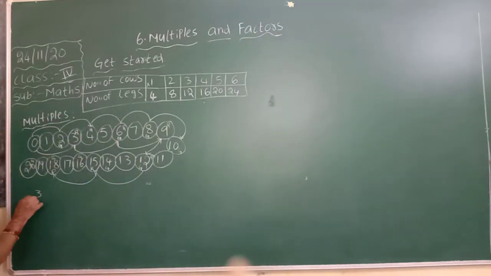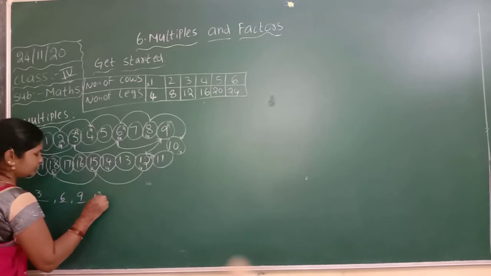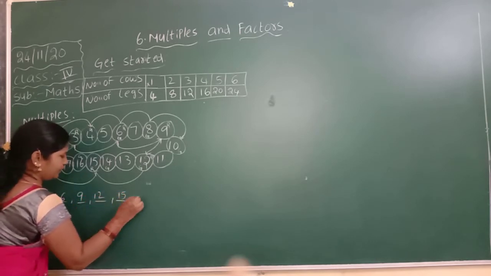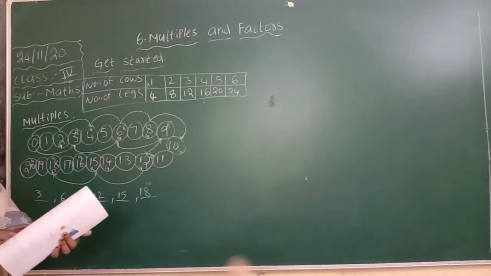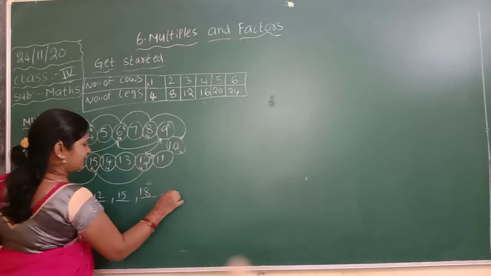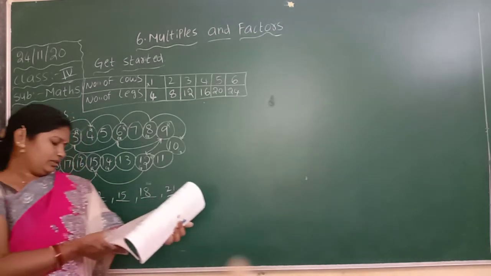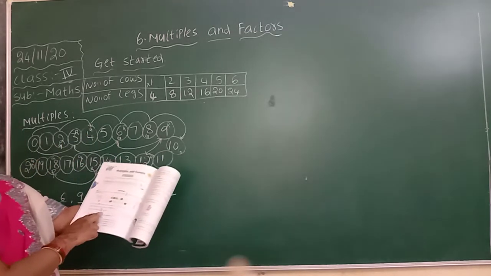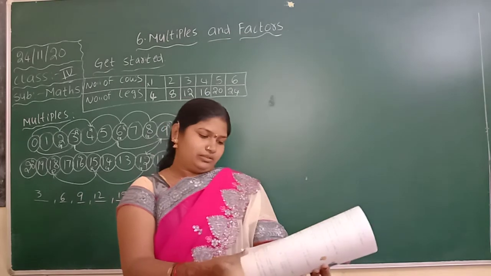They have given 3, then 6, 9, 12, 15, 18. 1, 2, 3, 4, 5, 6. The 6th dash, that is 21. 6, 9, 12, 15, 18, 21. You have to write this.